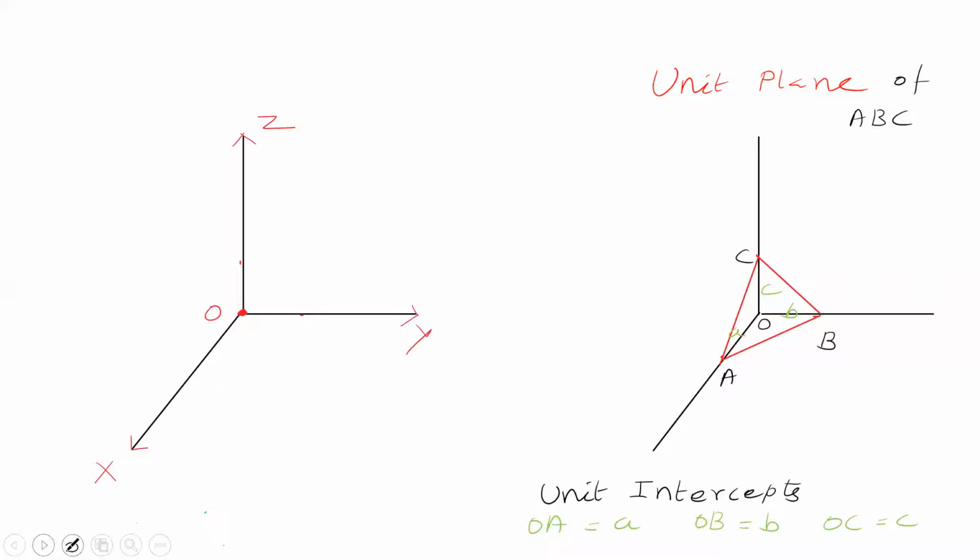Now we go to the face of a crystal. This is called the face of a crystal, and the earlier one is the unit plane.